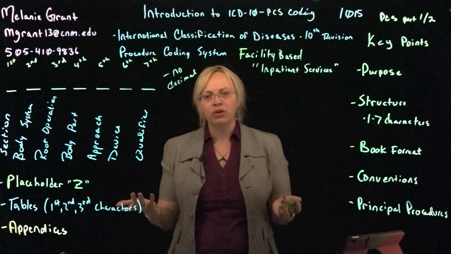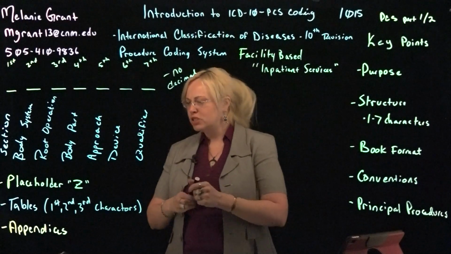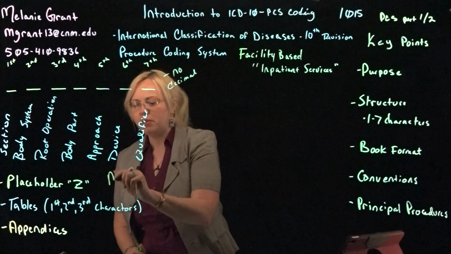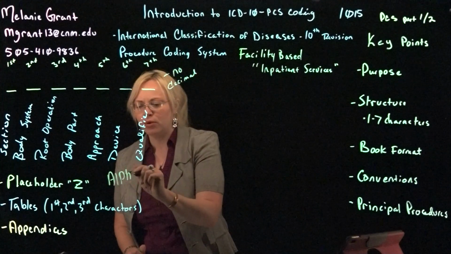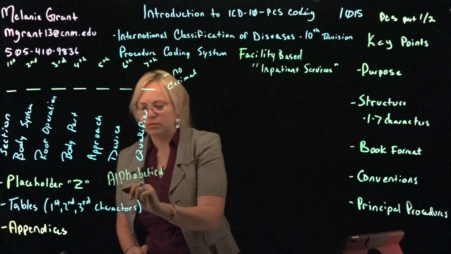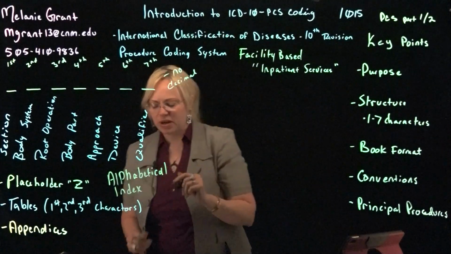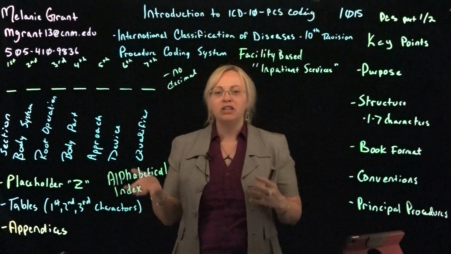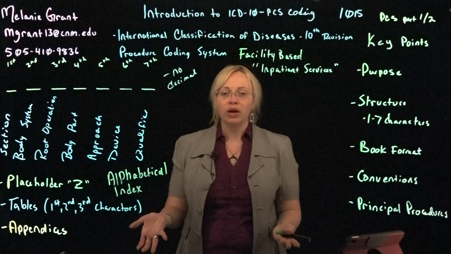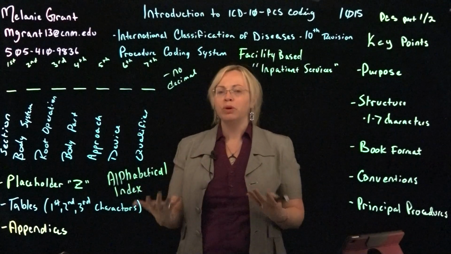But one thing you'll notice in PCS coding is your alphabetical index, which is kind of missing on here. Alphabetical index, just like before, is going to pull up your procedures based off of the main term or action that's going on. So just like when you looked up CPT codes, you may have started with, what are we doing?